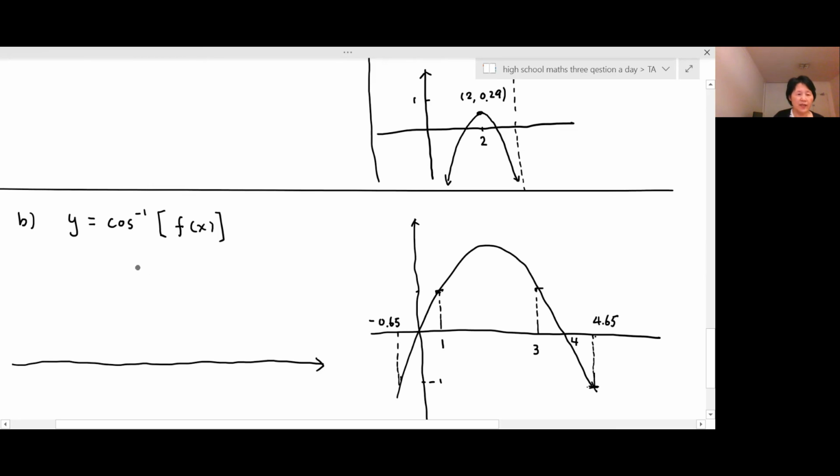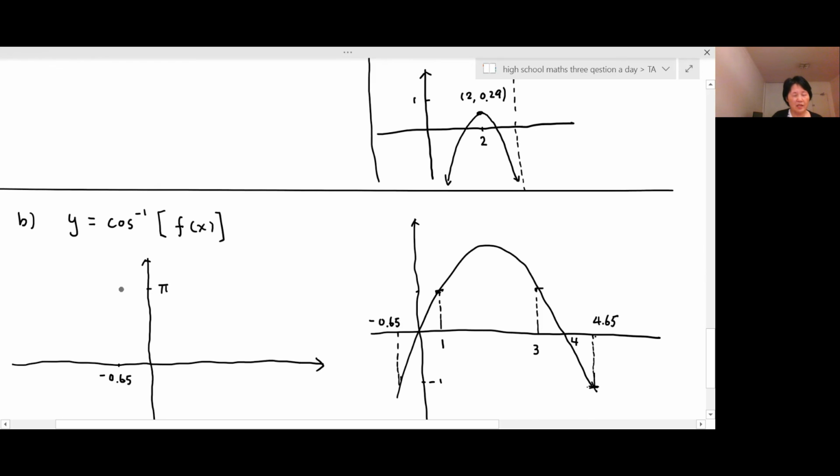The cosine inverse curve is, okay, when x is minus 0.65, the f(x) value will be minus 1. Cosine inverse of minus 1 will give you pi.